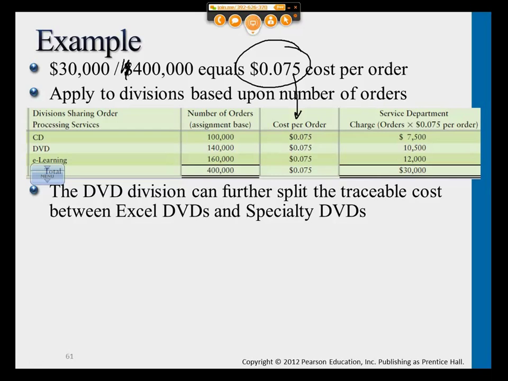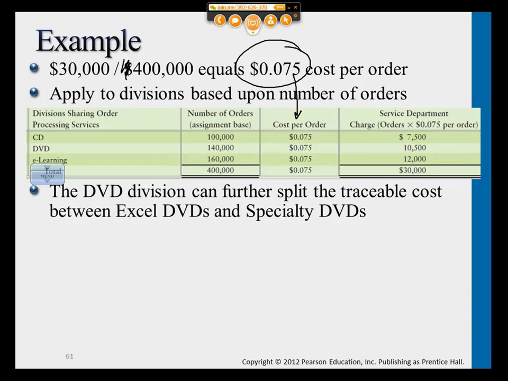Because CD only had 100,000 orders, I have 7,500 as a service department charge. Makes sense. The most e-learning produced the most number of orders, therefore their charge is higher. I multiply by the same 0.075 that I calculated by dividing this traceable cost by the total number of orders.